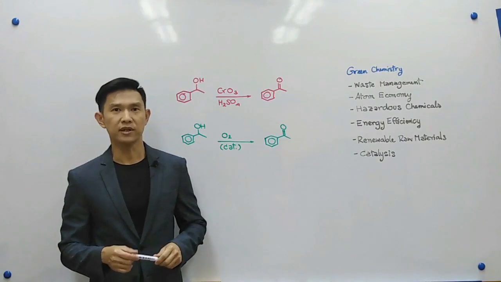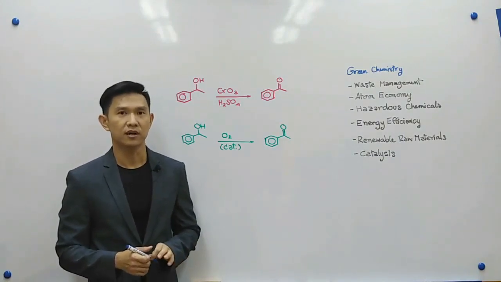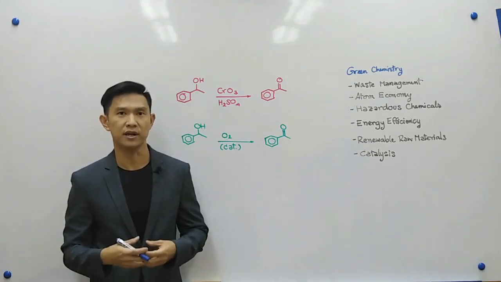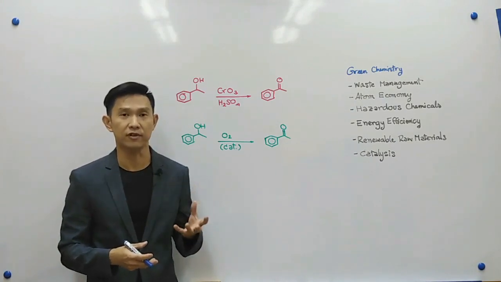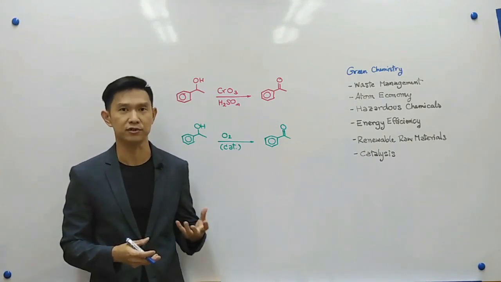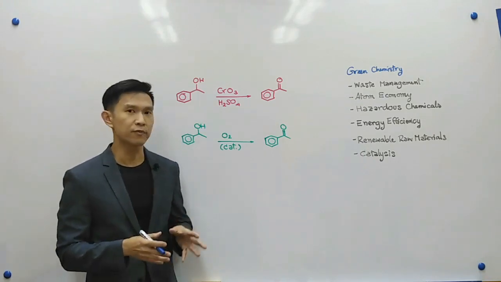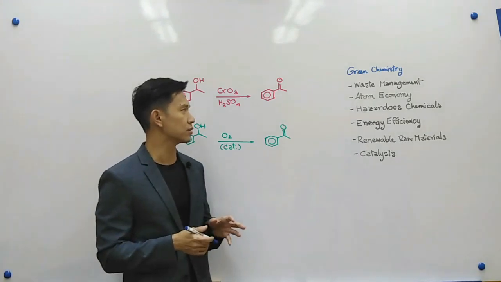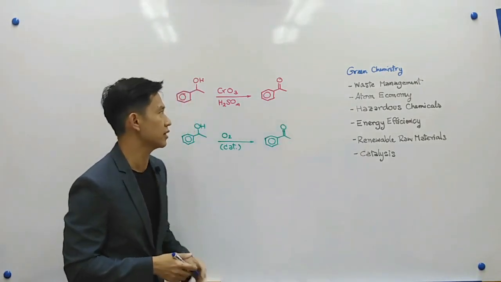For green chemistry, there are 12 principles that talk about how you can manage the chemicals and the reactions in order to produce a chemical or product in industrial scale or in your laboratory. The 12 principles can be summarized into some very important topics.